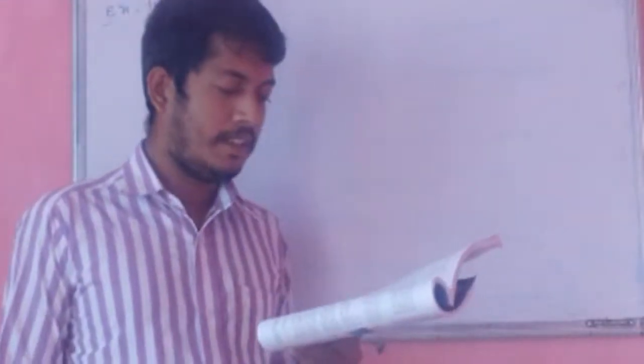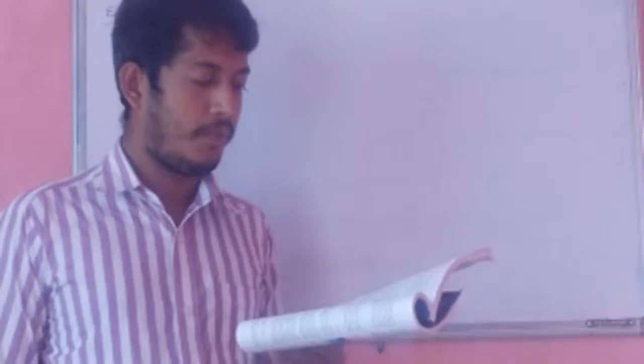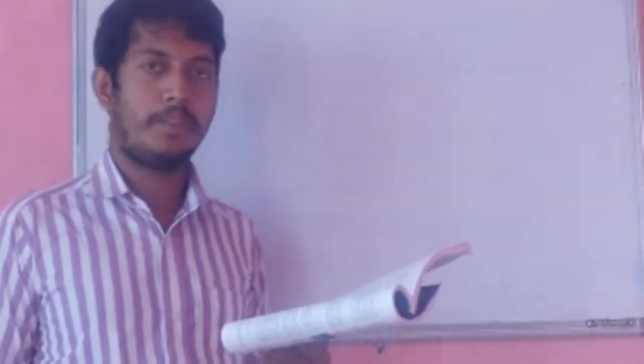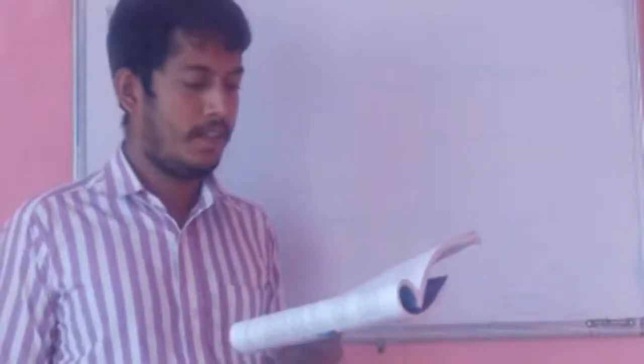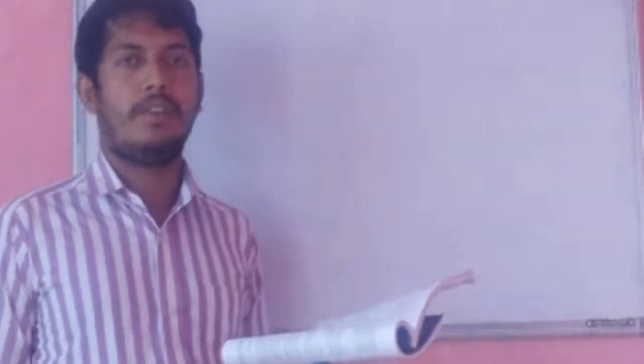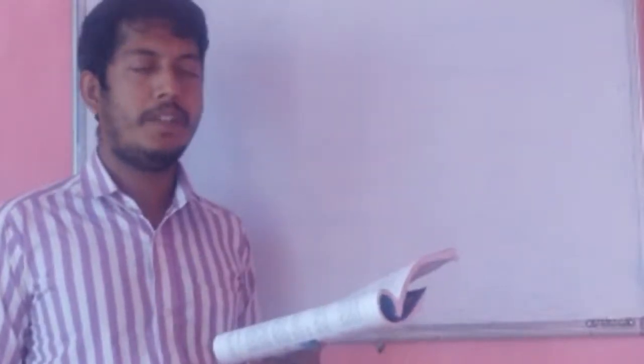And here gravity is given as 10 meter per second square. Now we have to find the speed on striking the ground, that means the final velocity. The second sub-question is what is its average speed during the 0.5 second. Average velocity means initial velocity plus final velocity divided by 2.